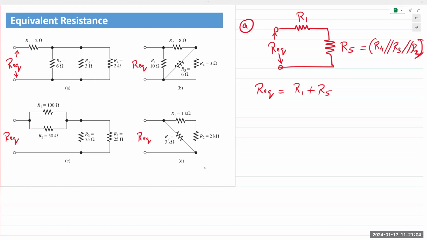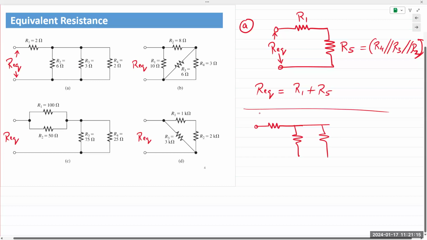So instead of measuring on the left, let's say we take the same circuit. Instead of measuring here on the left, we measure it here.